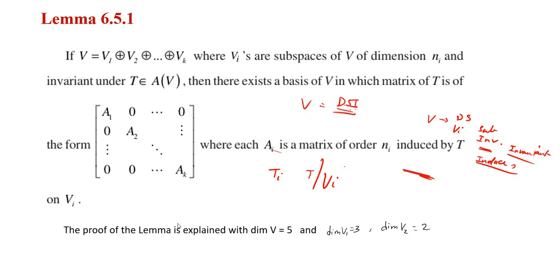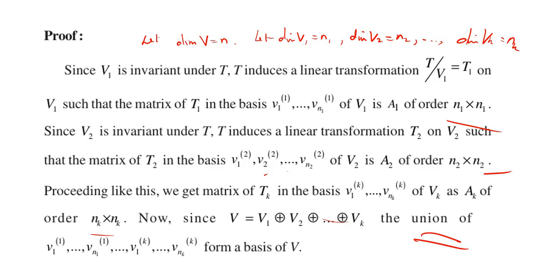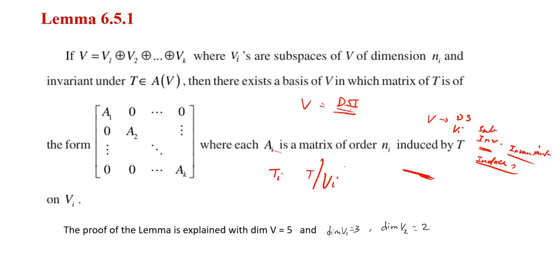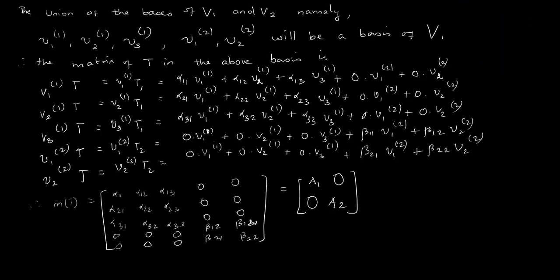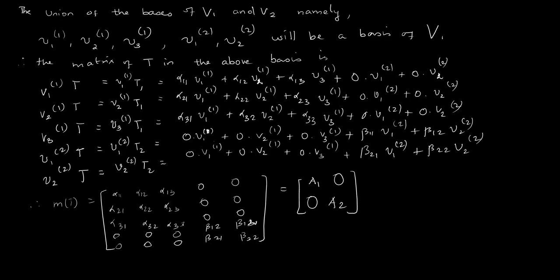This is for you to understand the lemma. These numbers are considered only for you to understand. In the examination, if the proof is asked, only this proof needs to be given, not what is explained here on the blackboard. This is for you to understand.